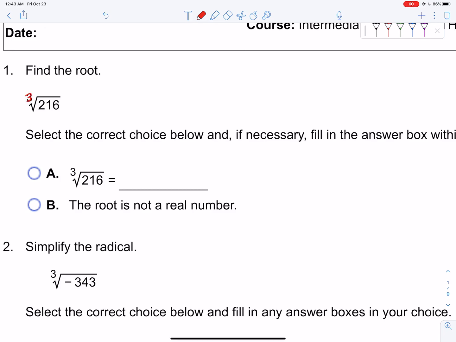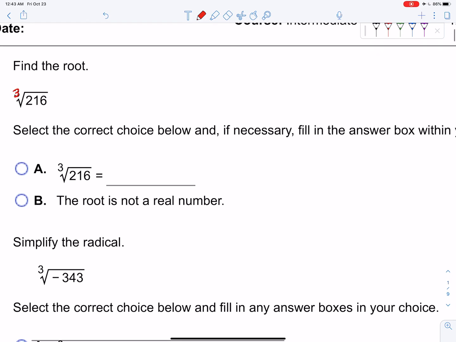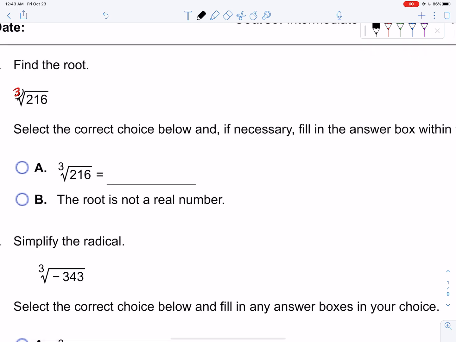So really, the game here is if I could find a perfect cube, that will simplify out, right? Any perfect cubes in that number must simplify out. Now, if I take the number inside the radical, and by the way, just for language, I already told you that is called the root index.